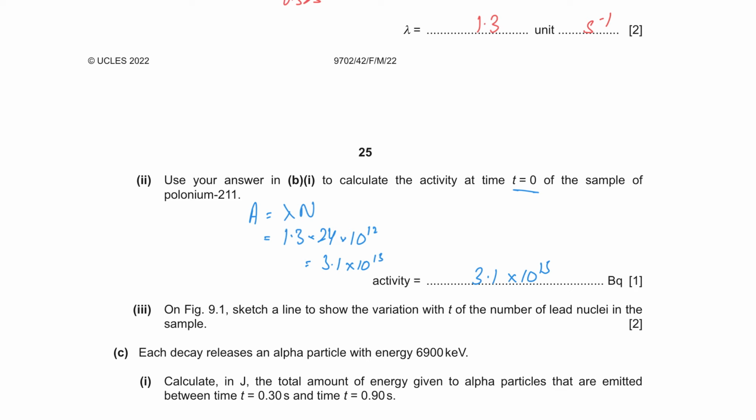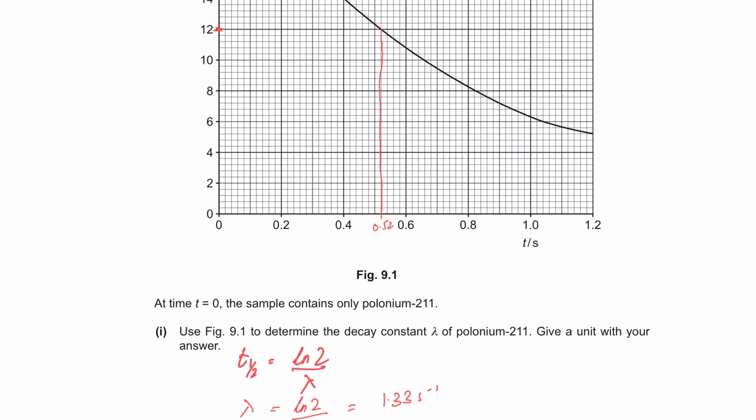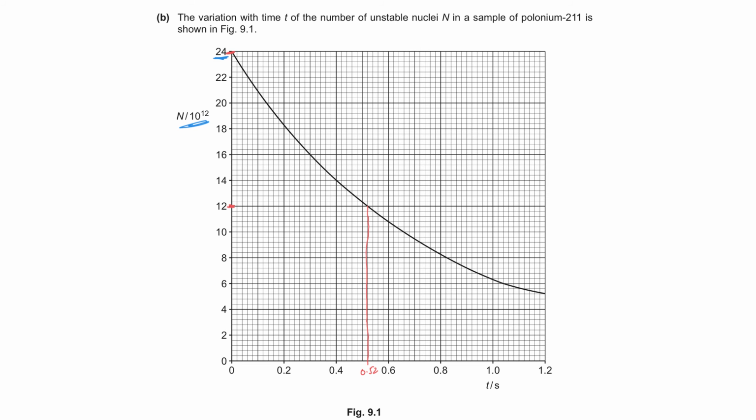Part 3 says, on figure 9.1, sketch a line to show the variation with t of the number of lead nuclei in the sample. So polonium decays into lead. As the number of undecayed nuclei of polonium decreases, the number of daughter nuclei of lead increases. And the sum should always be constant because one polonium decays into one lead nucleus.